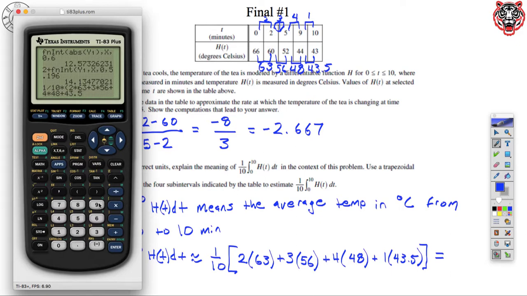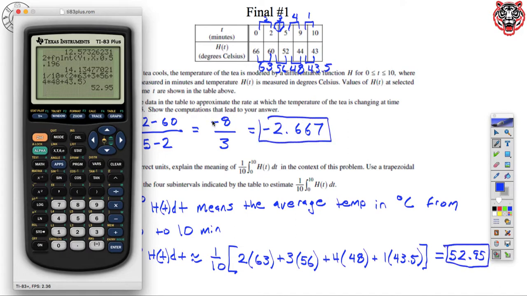You don't have to do the 1 there. And we get 52.95. Should box this one as well, although both these are fine.